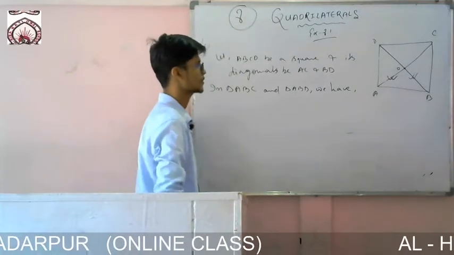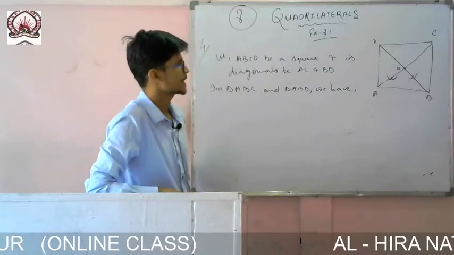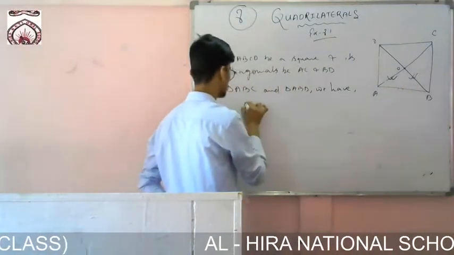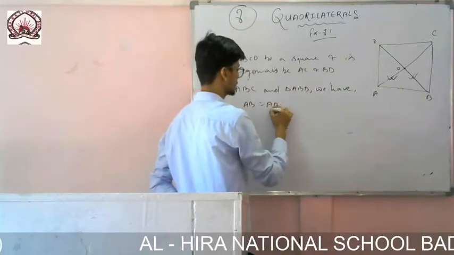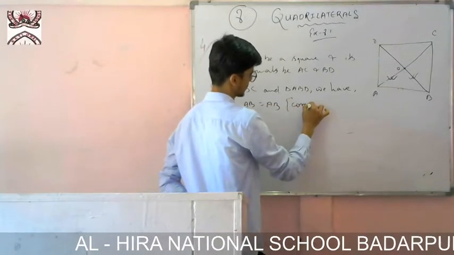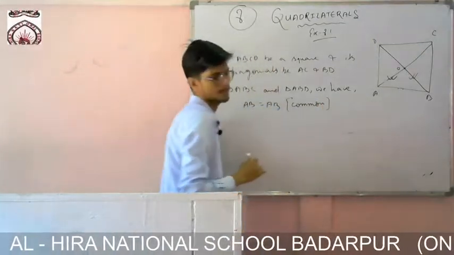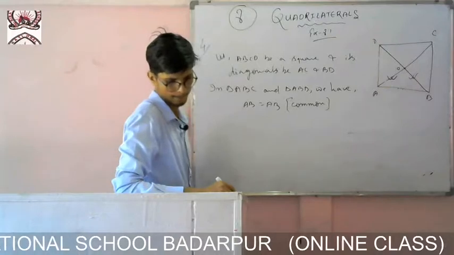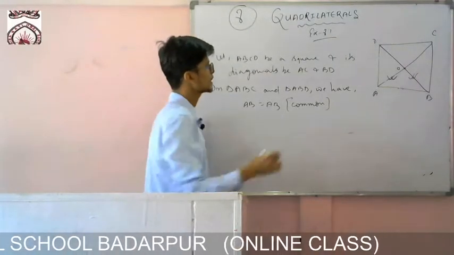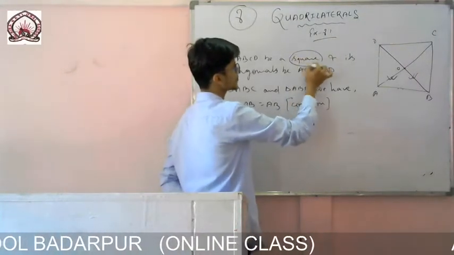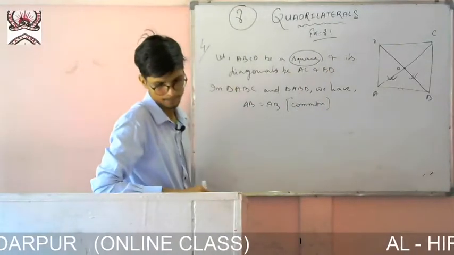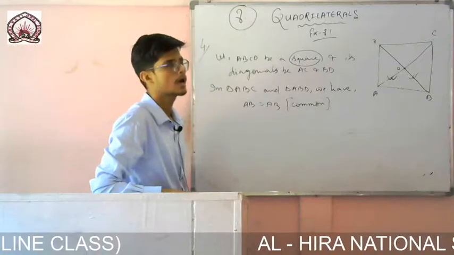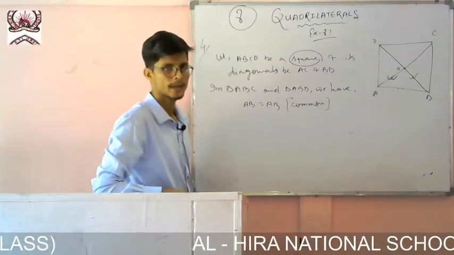First of all, AB is the common side for these two triangles, so AB is equal to AB. It is given in the question that it is a square, so we know that all angles of a square are 90 degrees.